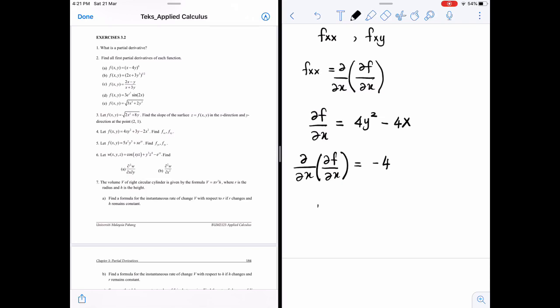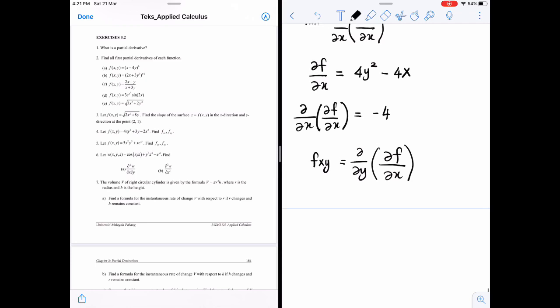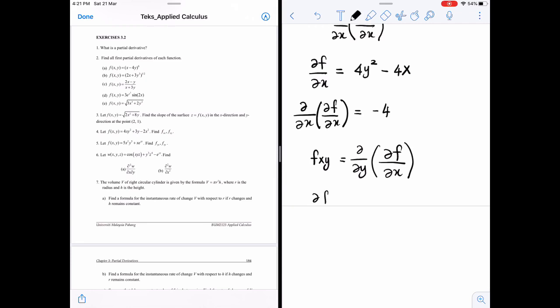Now we want to find our fxy. This means that we need to differentiate f with respect to x first, then differentiate this function again with respect to y. We already have del f del x equal to 4y squared minus 4x.